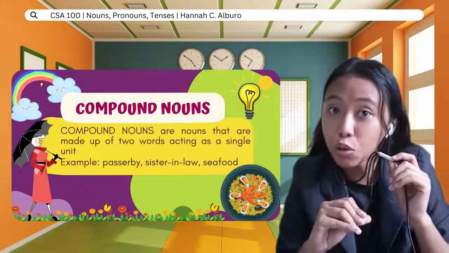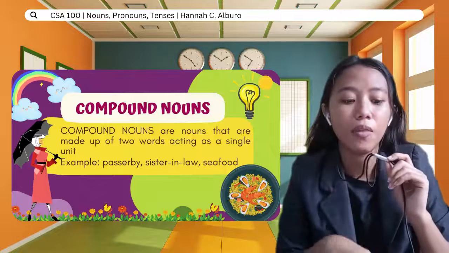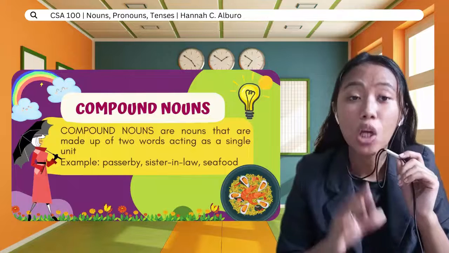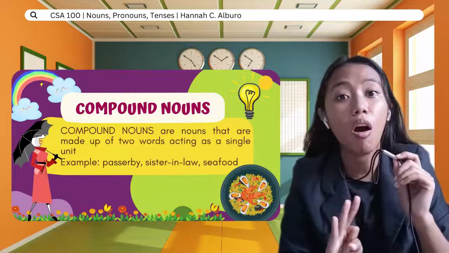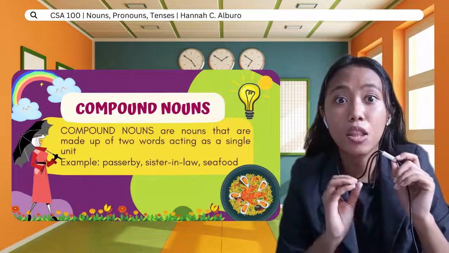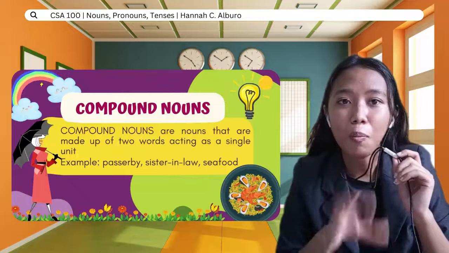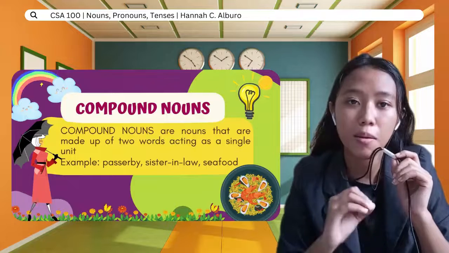They are combined together to form a new meaning, no? Next, sister-in-law, sister plus in plus law. So these 3 words, sister, in, law, they are combined through the hyphenation, kanang dash, no? They are combined as one, then they again form another meaning.